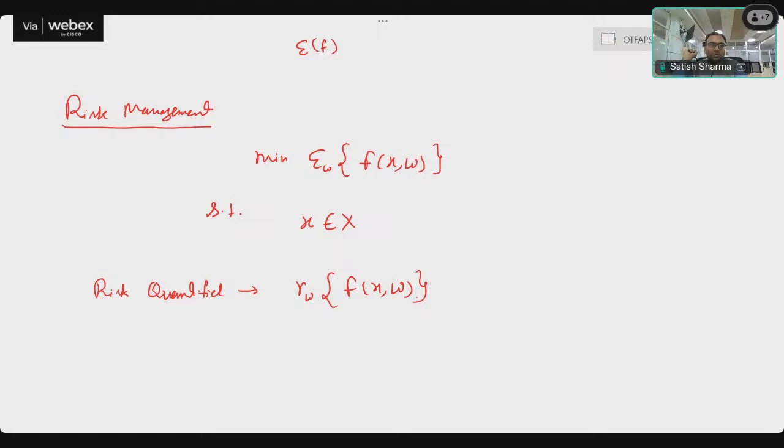For those values we can obtain some risk. We have some methods by which we can quantify the risk, and that value is given by the risk function, which depends upon the function value itself. In that case, the problem is a risk-aware problem.